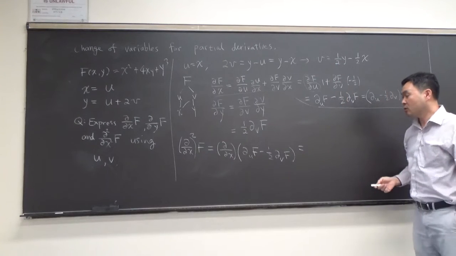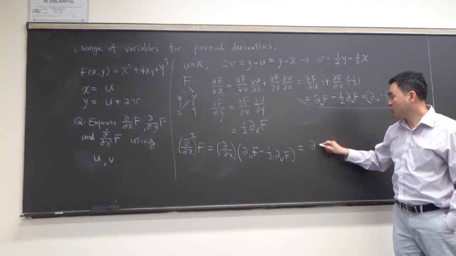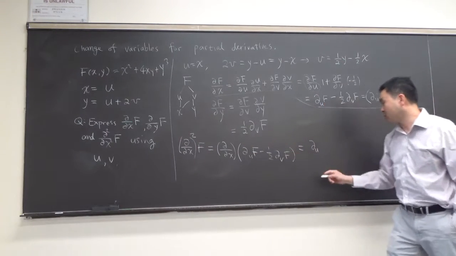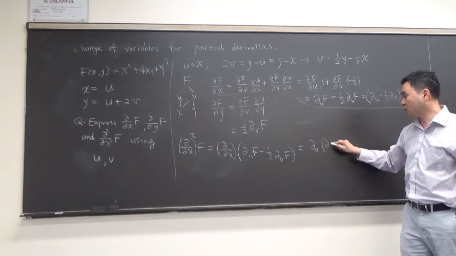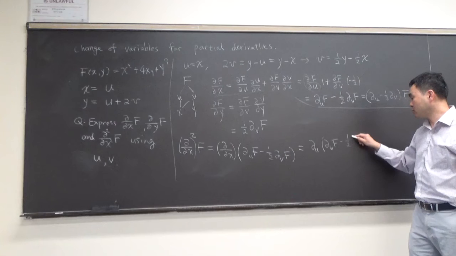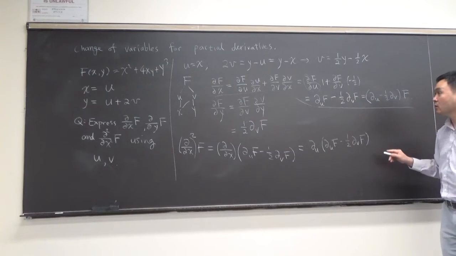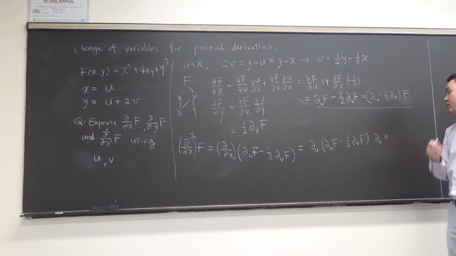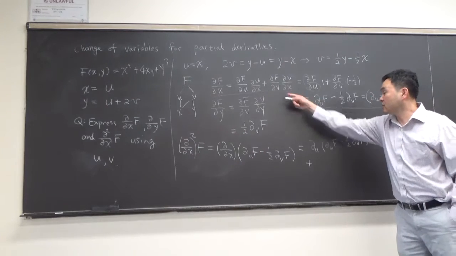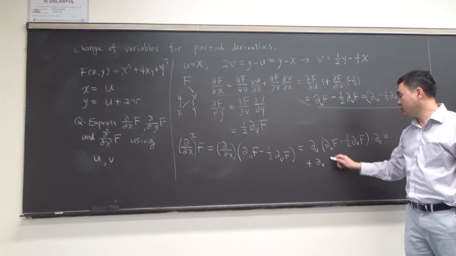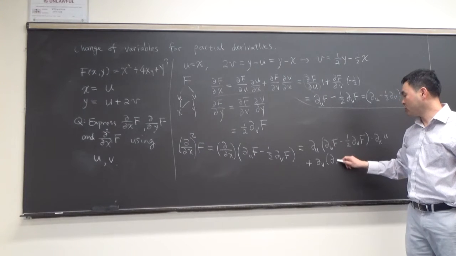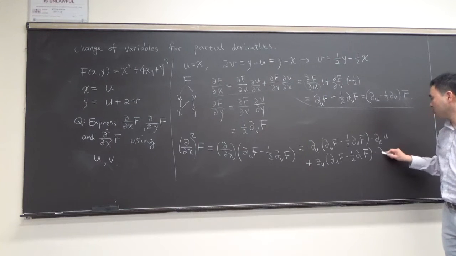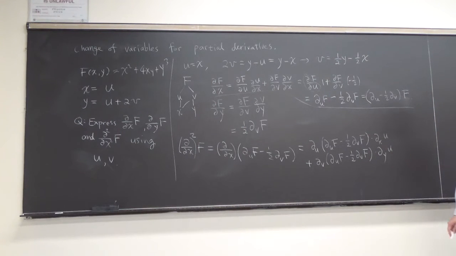So what that means is I have the derivative with respect to u of f, but instead of f, we put this entire thing: ∂u f minus 1/2 ∂v f, times the derivative of u with respect to x, plus the other one, the derivative with respect to v of ∂u f minus 1/2 ∂v f, times the derivative of... not y, sorry.